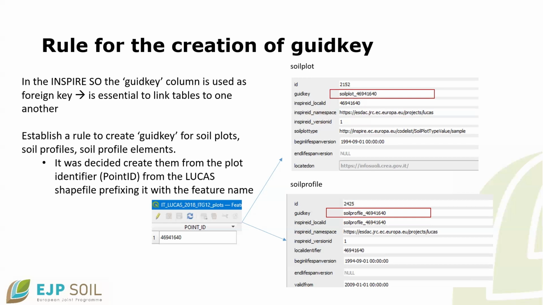For example, if the point ID is 4,000,060,95, blah, blah, we will create a soil plot for this source plot, which has a GUID key that is soil plot underscore then the number of the plot, and the related soil profile that is related to the soil plot will have a GUID key soil profile underscore then the point ID number. Hopefully this is clear, but it will become clearer when I use this in Hale.